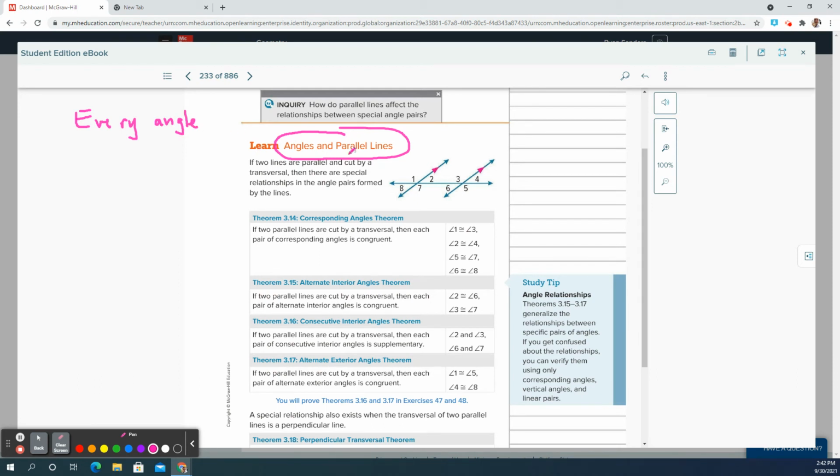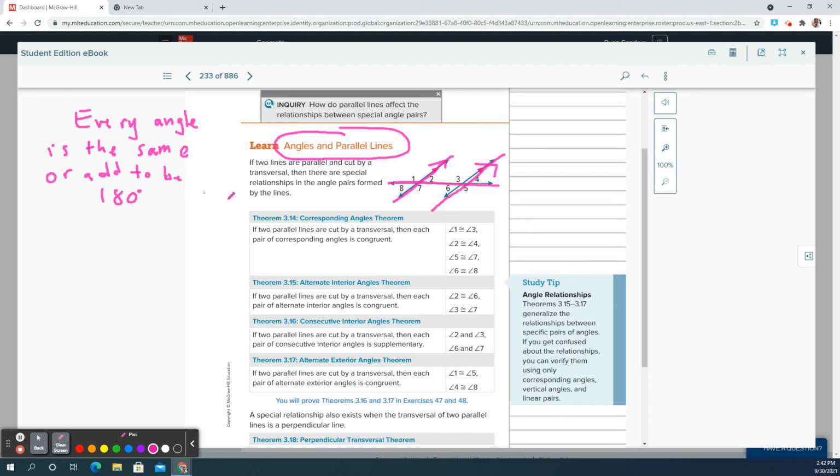for angles and parallel lines cut by the transversal. There's my transversal. Here's my parallel lines. Parallel lines usually have the arrow on it to represent that they're parallel. Every angle on here is the same or adds to be 180 degrees.